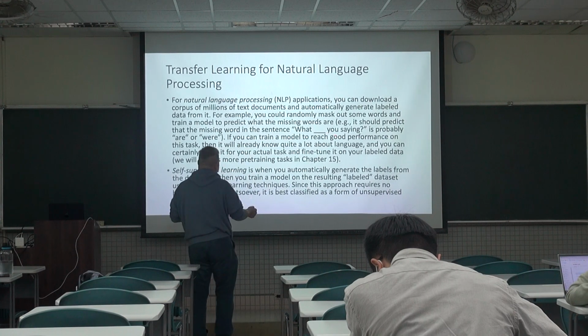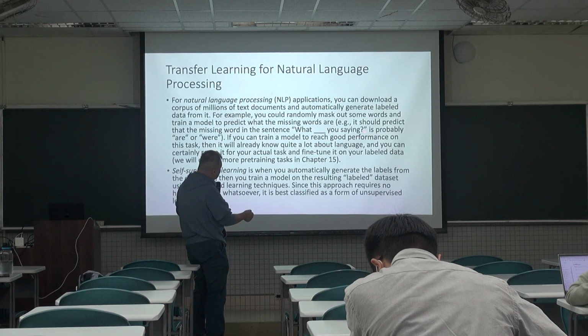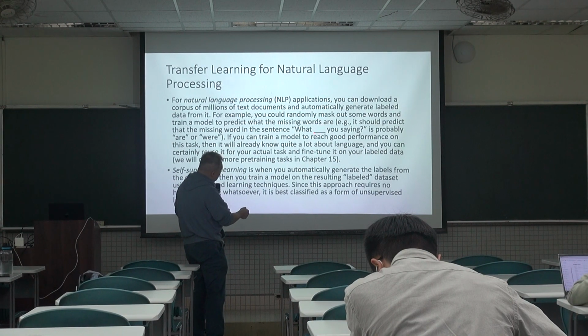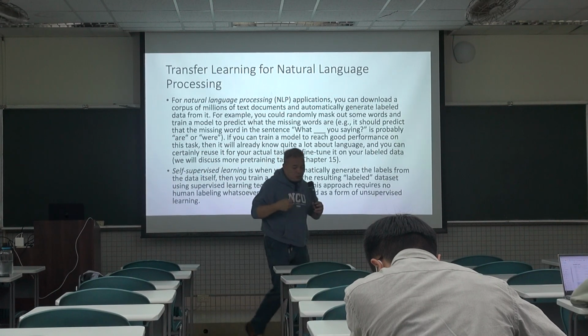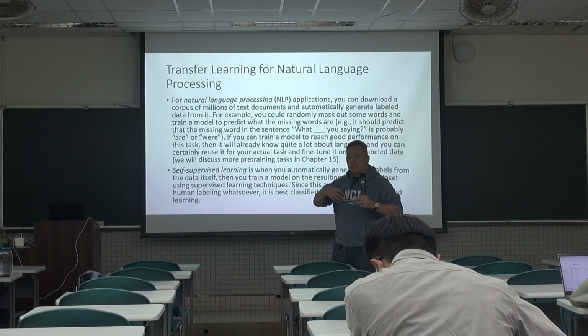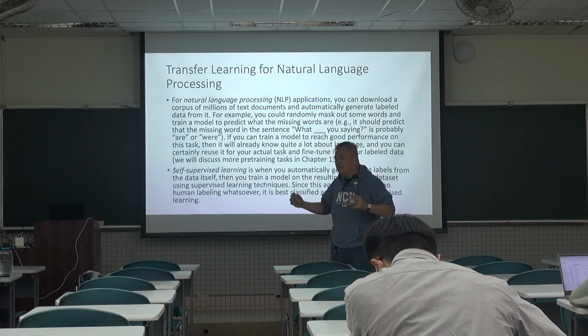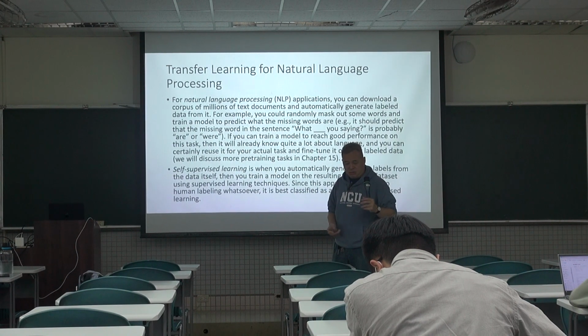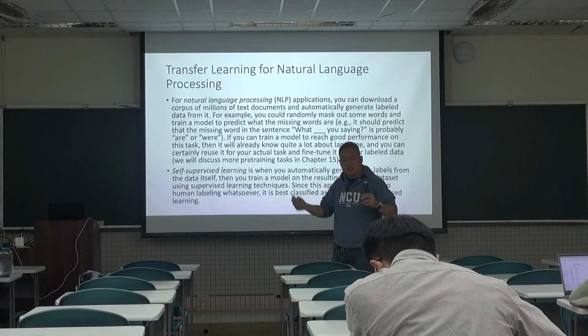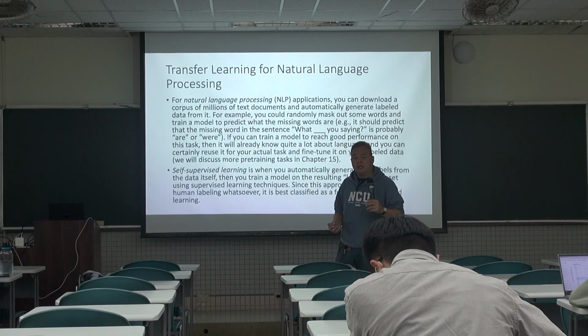For example, in this sentence, "what are you saying?", you can remove this word here, which can be either "are" or "were". You have a vast amount of data, because you download the whole of Wikipedia, so there are millions of sentences.